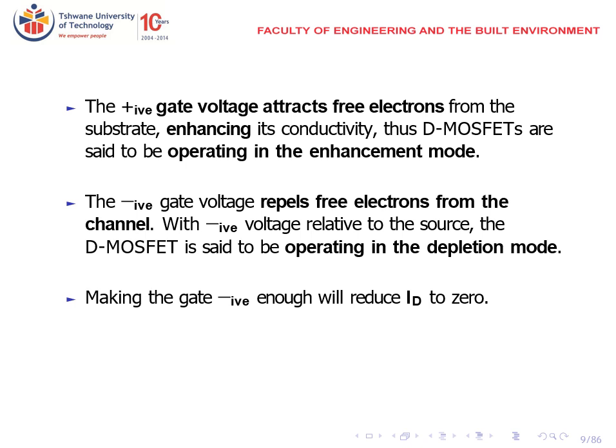Thus, D MOSFETs are said to be operating in the enhancement mode. The negative gate voltage repels the free electrons from the channel. With negative voltage relative to the source, the D MOSFET is said to be operating in the depletion mode. Making the gate negative enough will reduce ID to 0.